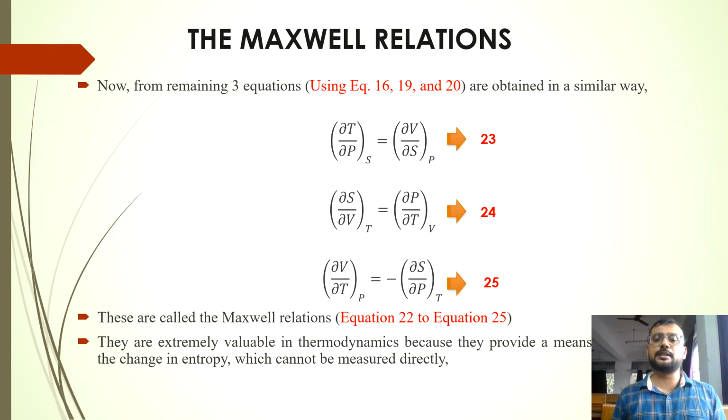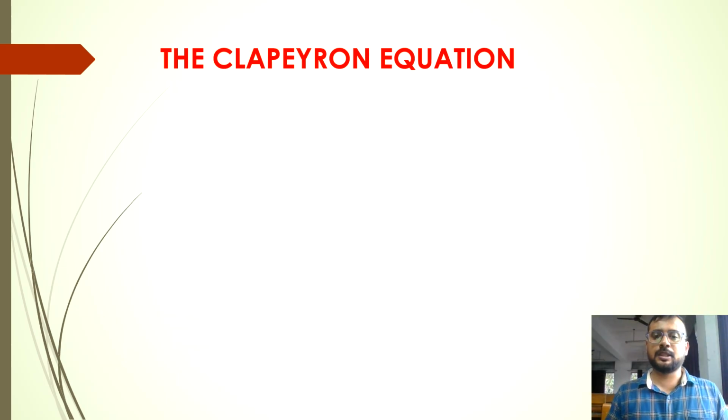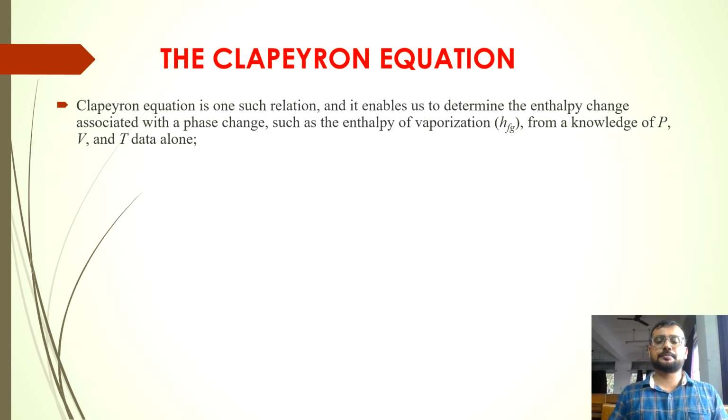And these Maxwell equations are extremely valuable in thermodynamics because they provide a measurement of the change in entropy, which cannot be measured directly. Now, another example where the Maxwell equations can be applied is the Clapeyron equation.